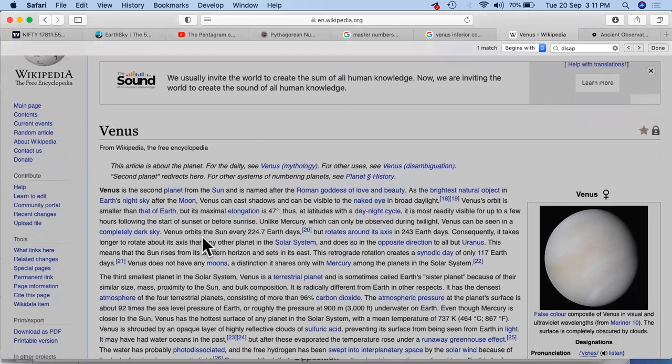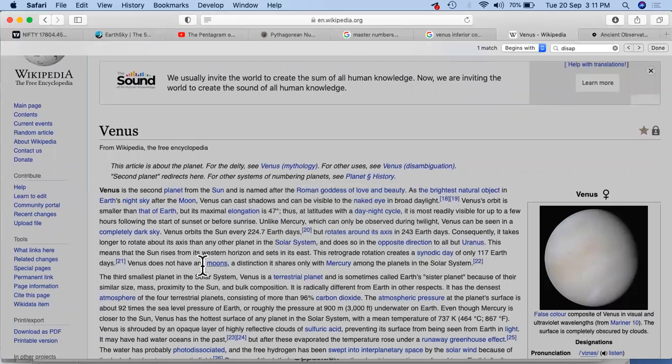Venus orbits the Sun every 224.7 Earth days, but rotates around its axis in 243 Earth days. So it takes more time to rotate around its own axis than for a complete orbit around the Sun. This is the first and basic, in fact important, fact about Venus.